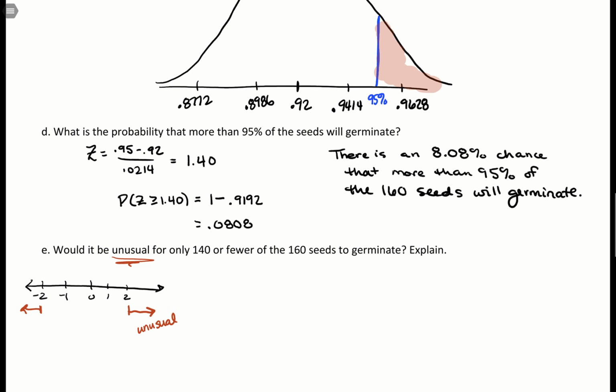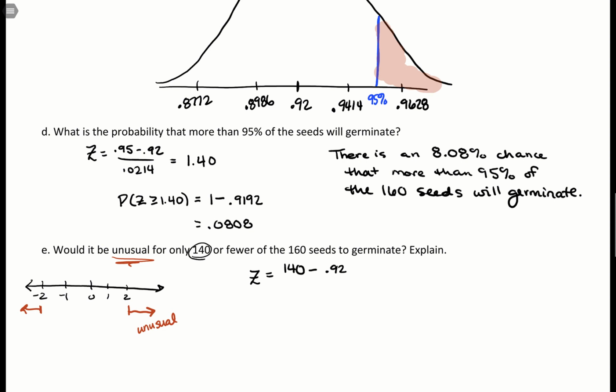Now, notice how the numbers are given here. They're talking about a whole number of seeds, which, if I start making my z-score right here and think, okay, 140 minus, and then I think about my mean, well, we're working with the mean of 0.92. How we have everything scaled right now is in terms of percentages out of 160.